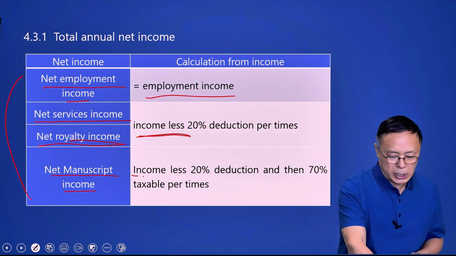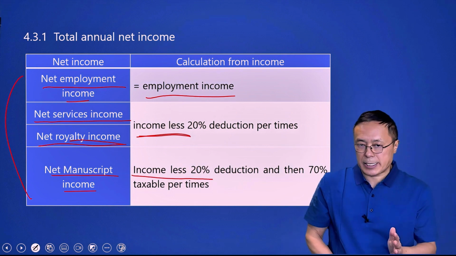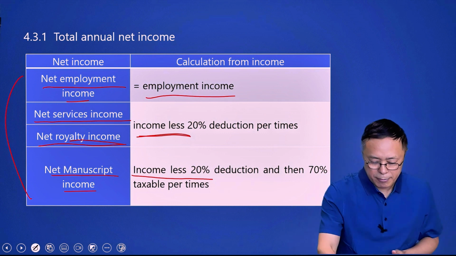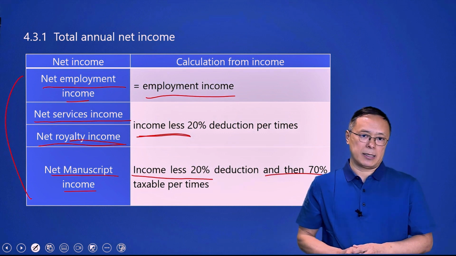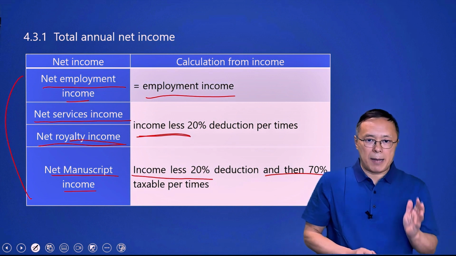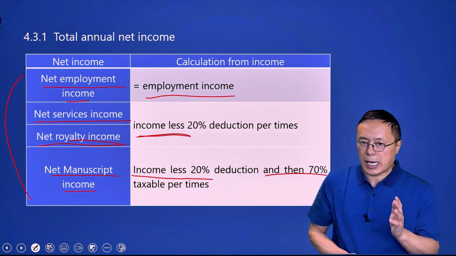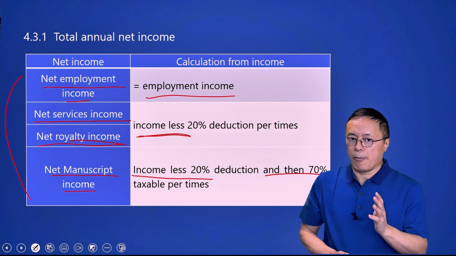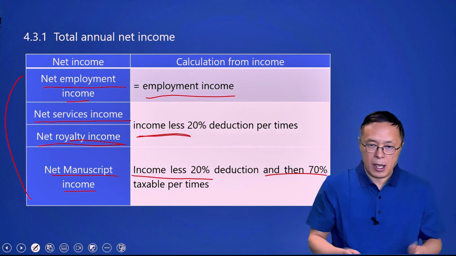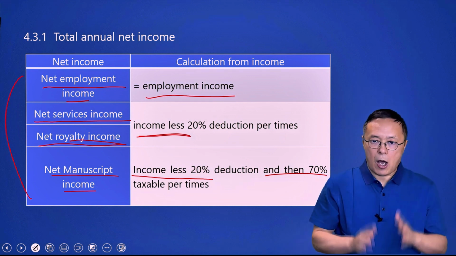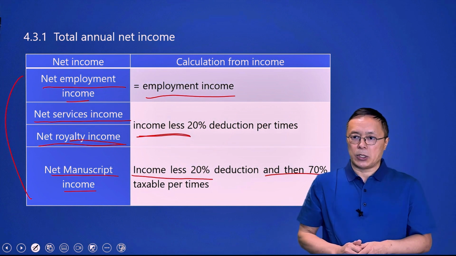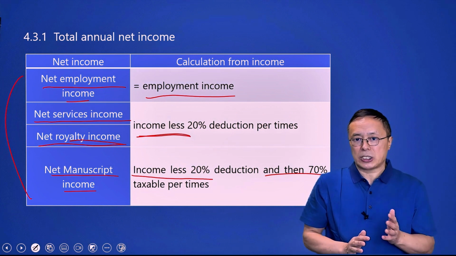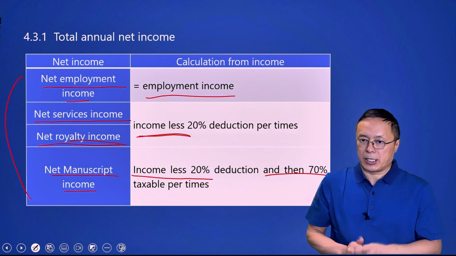Net manuscript income equals income less 20% deduction and then 70% taxable per times. It means allowing for 20% deduction from the full amount of manuscript income and then offsetting 30% of the balance, using the final deduction amount as the net manuscript income.